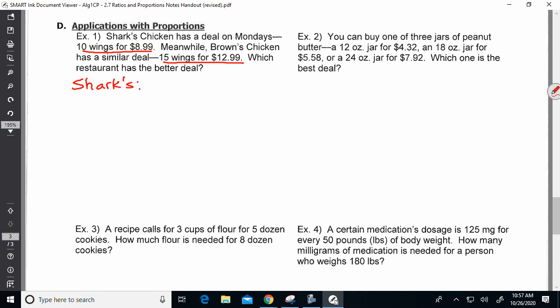Sharks is 10 wings for $8.99. So I want to know how much is it going to cost for me to get one wing. So $8.99 for 10. I want to know how much is it going to be for one.